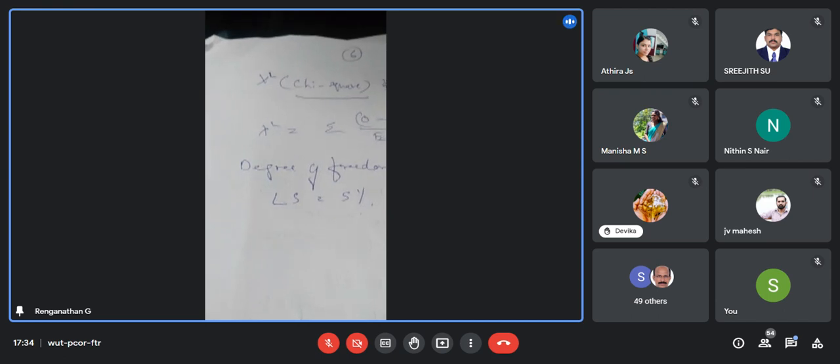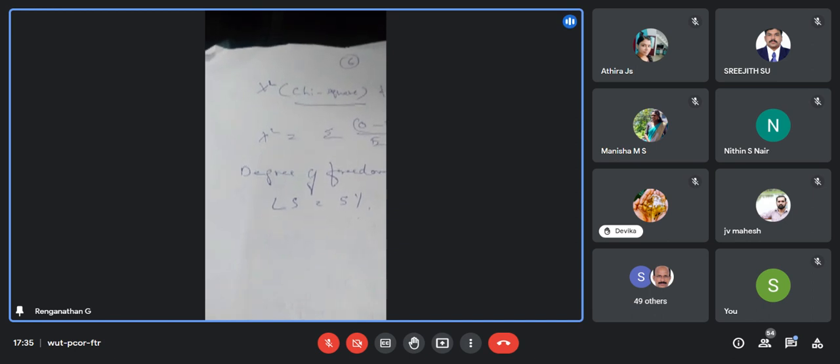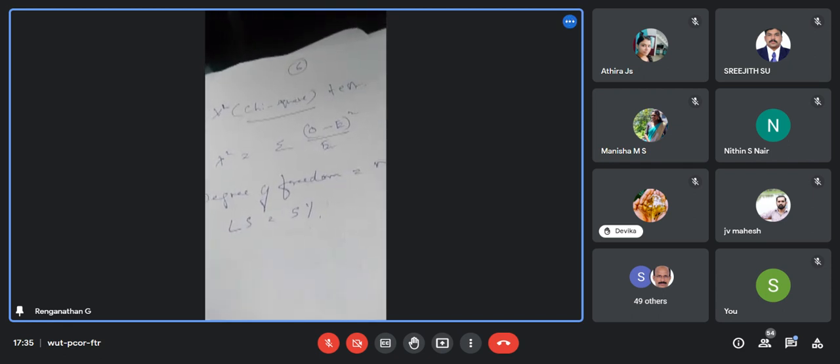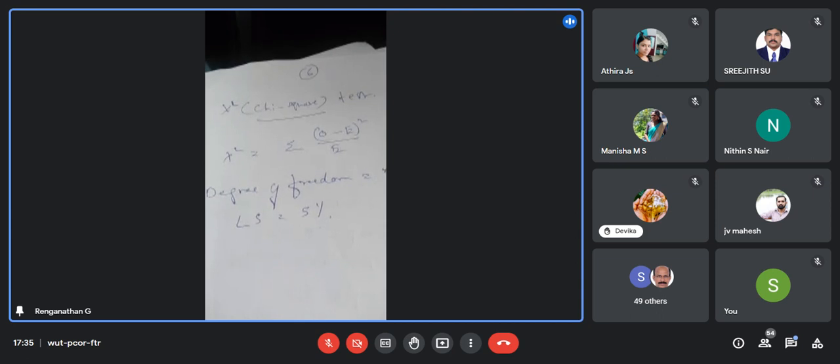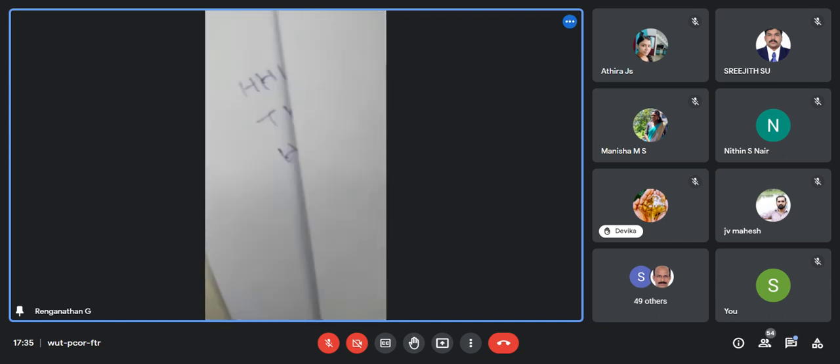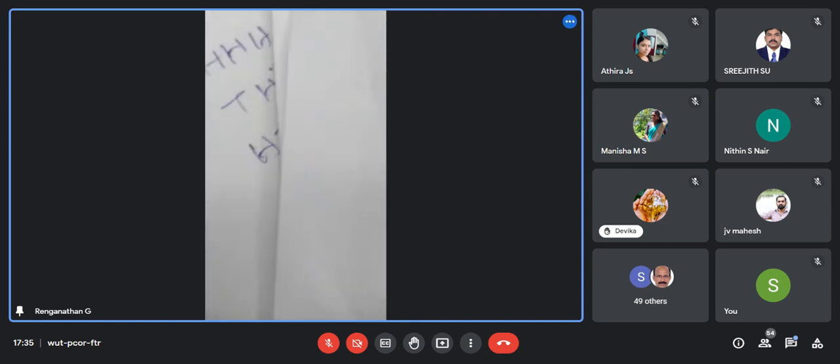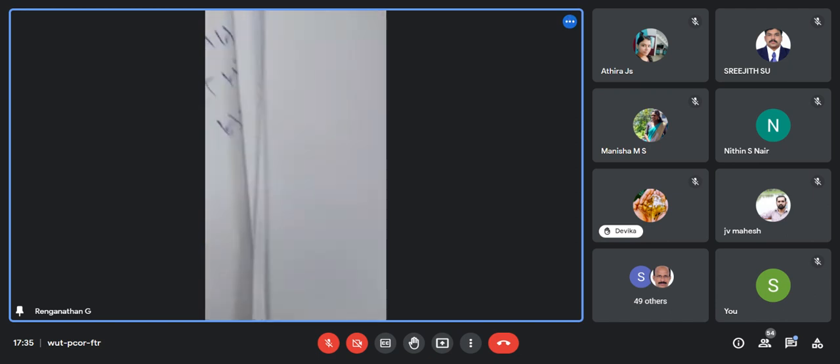And the corresponding expected frequencies are 40, 60, 60, 40. Test the related effectiveness.